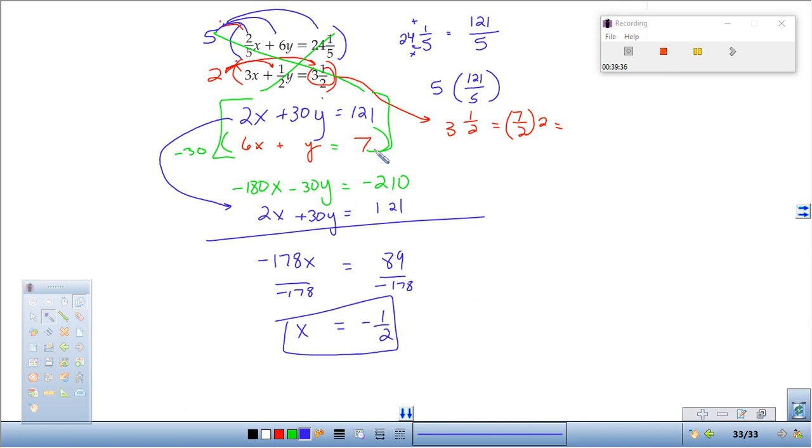So now I'm going to get this one. I'll plug it into, if y'all don't mind, I like these numbers. They're a little small. So I'm going to have 6x plus y is equal to 7. Right here, I'm going to plug in this part for my x right there. So then I'd have 6 times a negative 1/2 plus y is equal to 7.